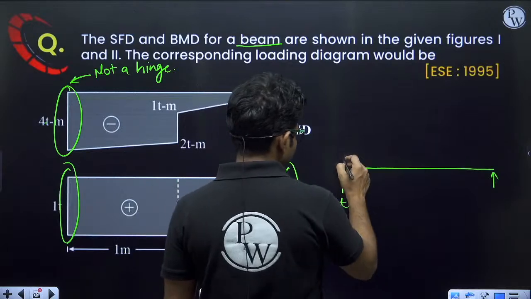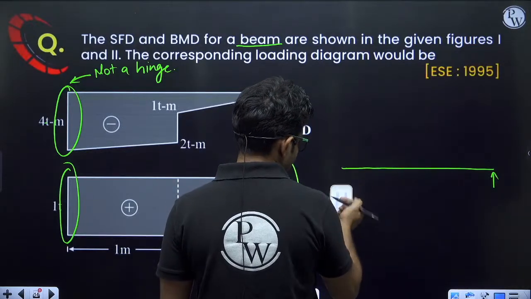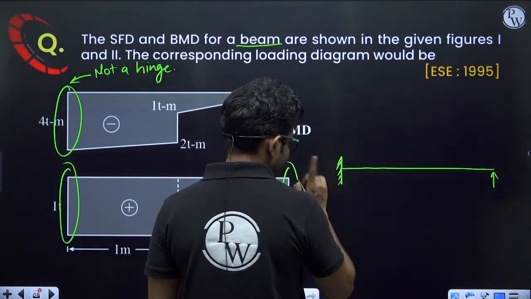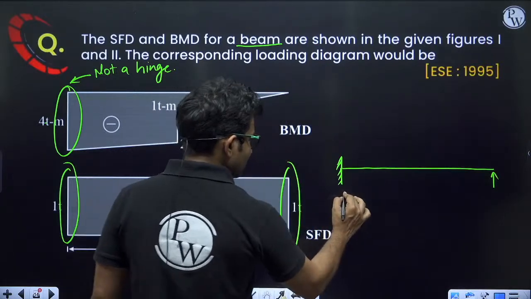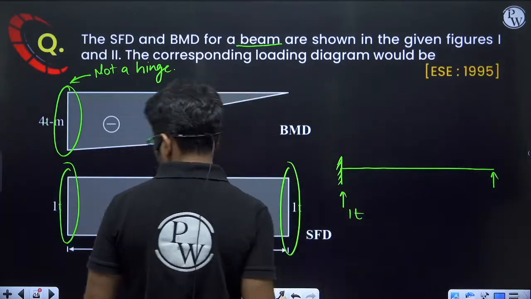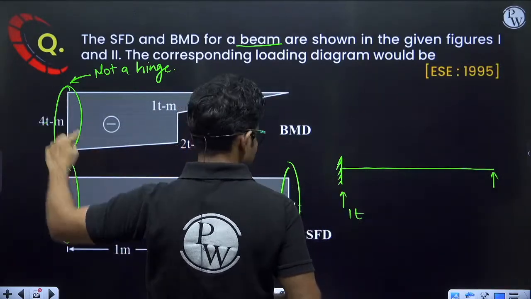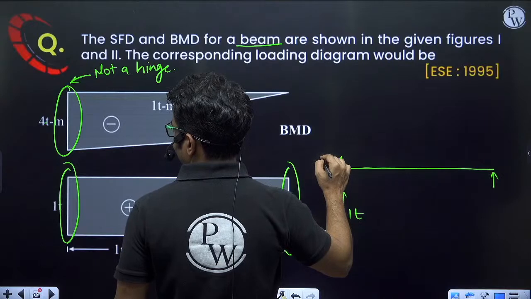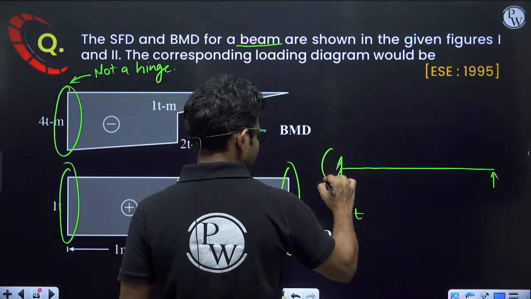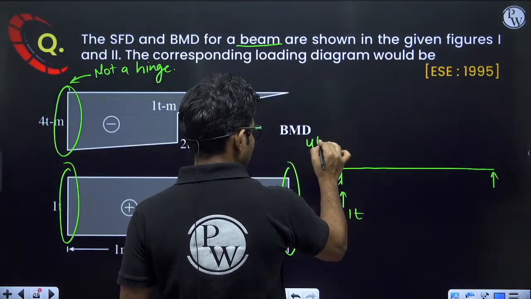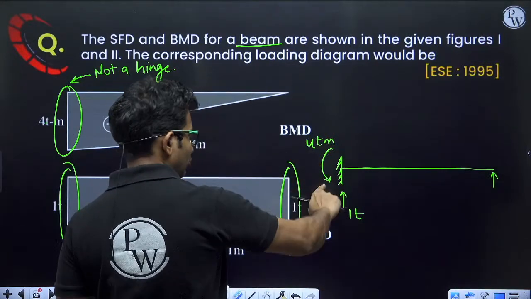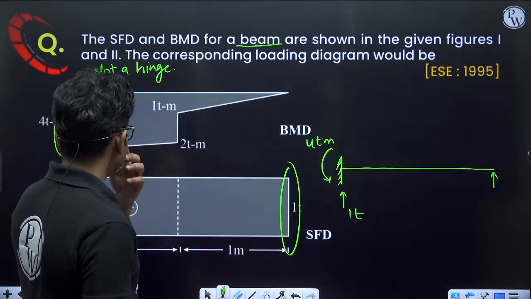So this will be a fixed support. And on this fixed support there is a support reaction of 1 ton in the vertically upward direction, and 4 ton meter is the moment. Moment is negative, that means here it is like this, 4 ton meter.